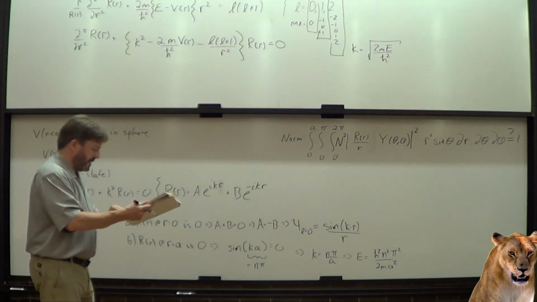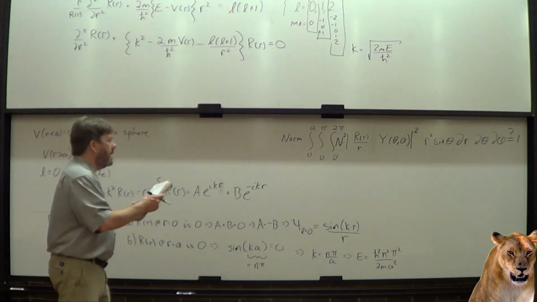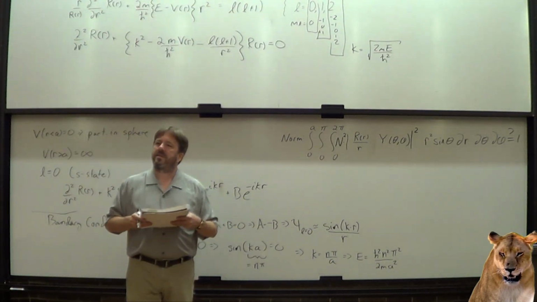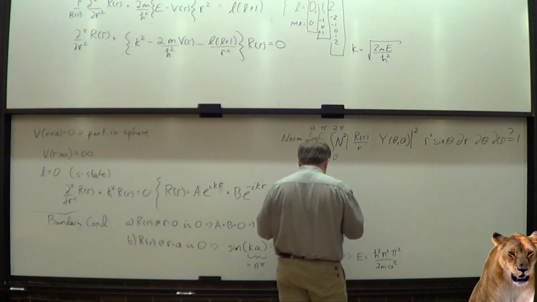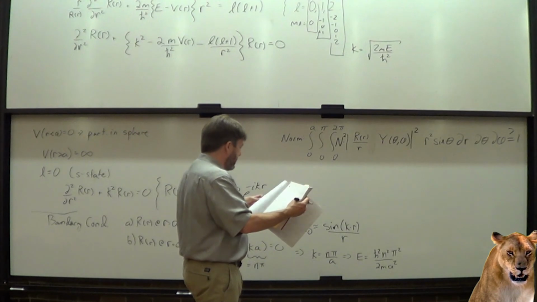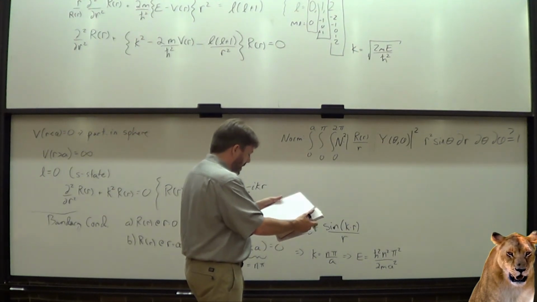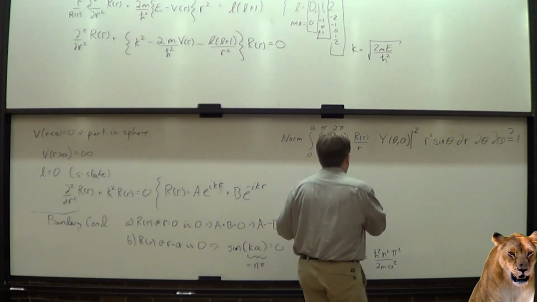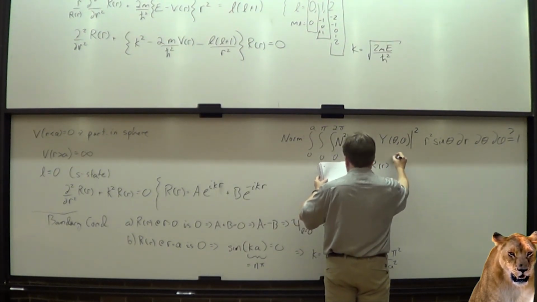Let's see, last bit. So if you look at the other solutions to the particle in the sphere, I won't say too much about this because you run into the exact same thing that you ran into with the particle in a ring, the 2D problem.